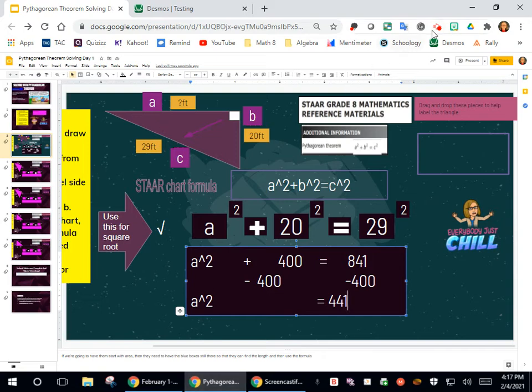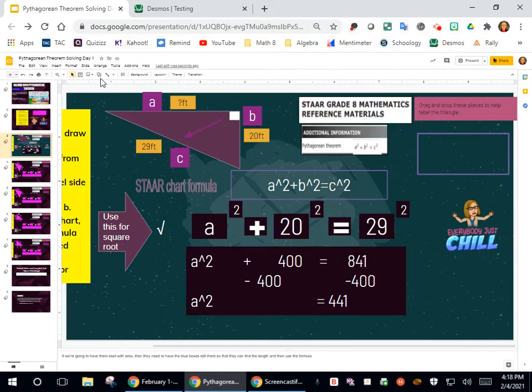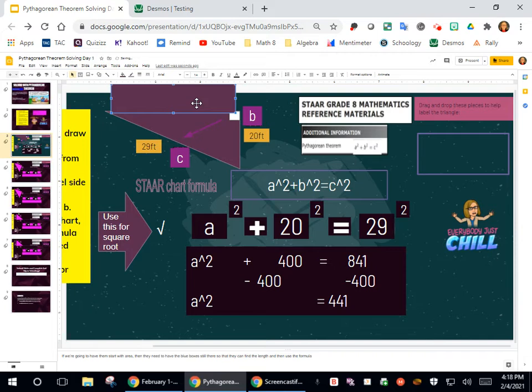And I'll kind of draw it to show you guys. If we had a square off of this A, up here, the area of that square would be 441 feet squared.